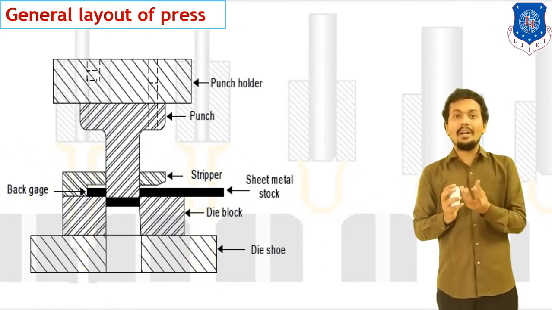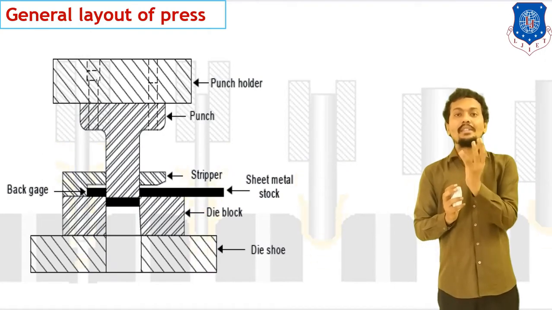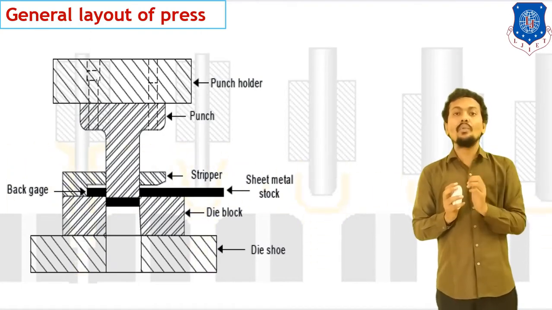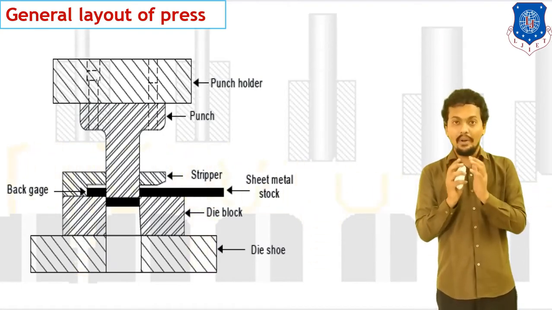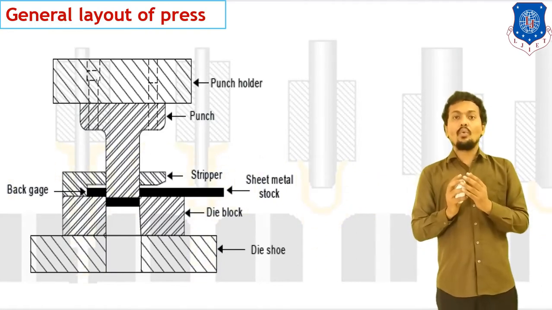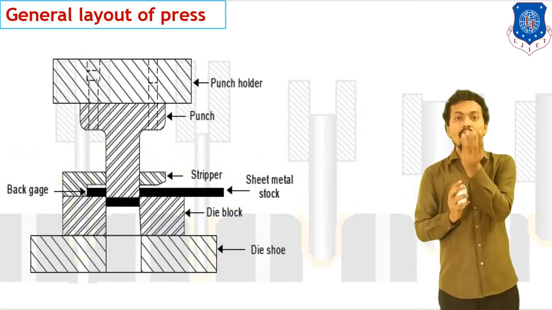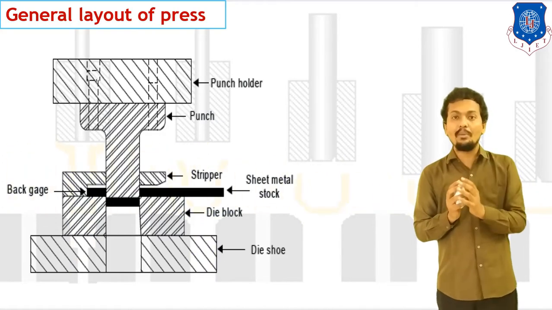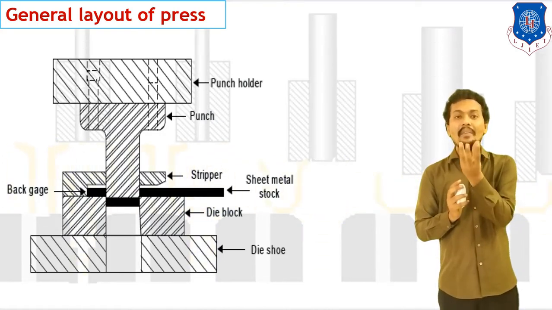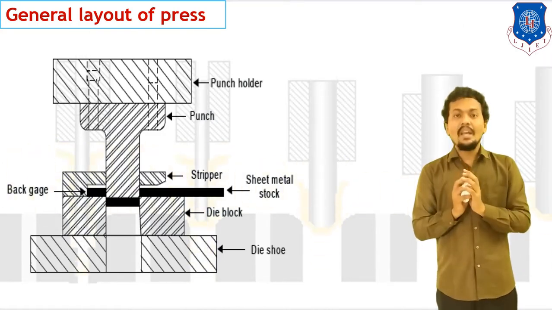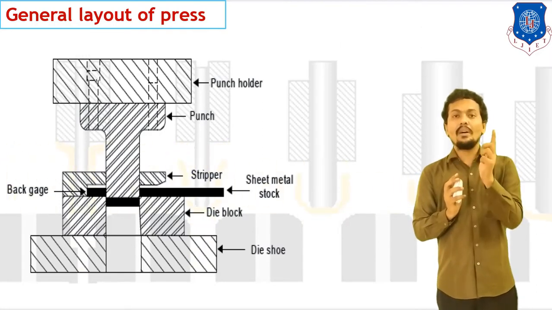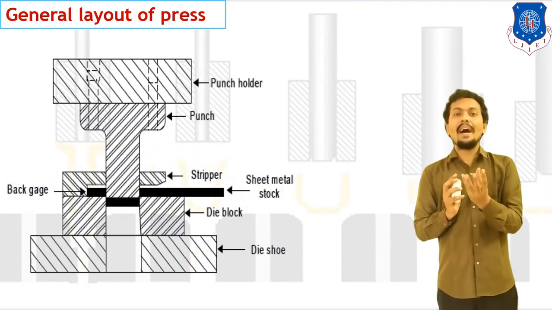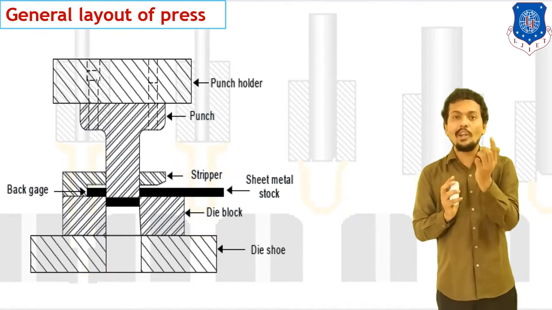Die is the opening or hollow space according to the requirement of your product. For example, if you want to cut a circular blank from the sheet metal, your die has a circular opening. If you want to cut a rectangular shape, your die will have a rectangular opening.